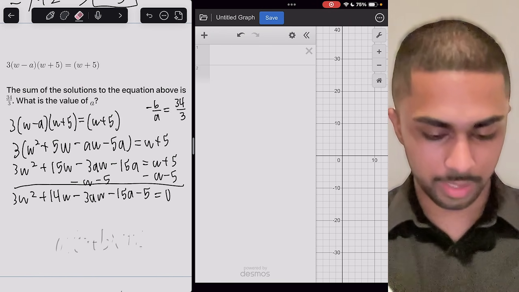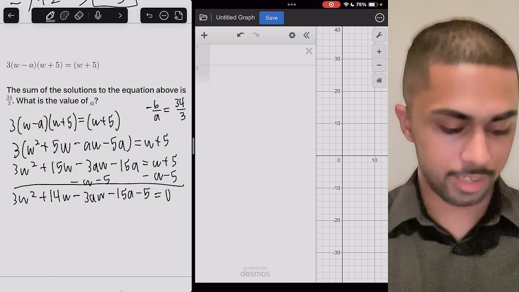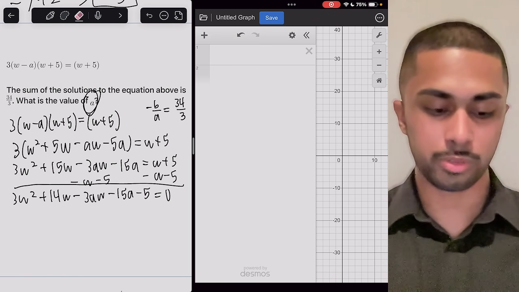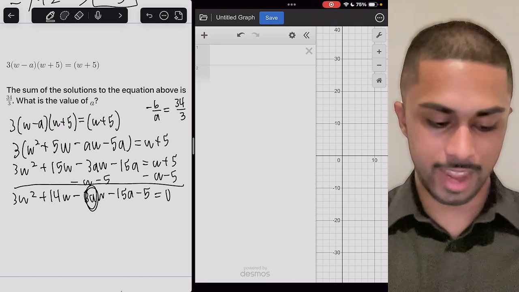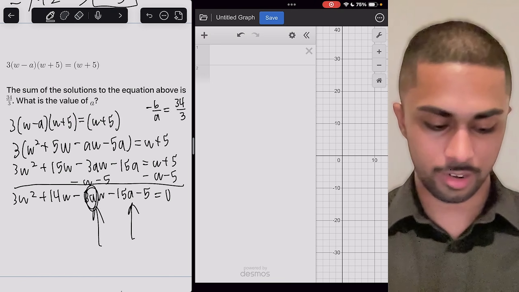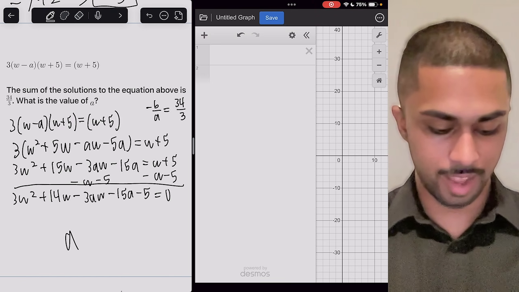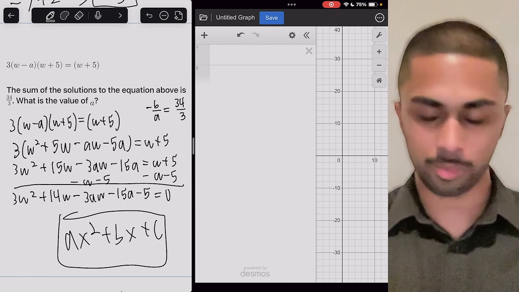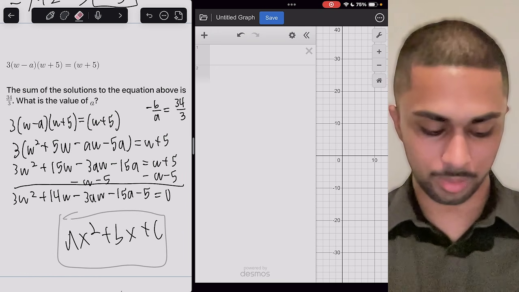So let's figure out what the b and a terms are. The a is pretty simple. It's just 3. Now, don't get this confused with the a that we're solving for. The a here and here is very different than ax squared plus bx plus c. This is just for the parabola. This is like the standard form of a parabola.